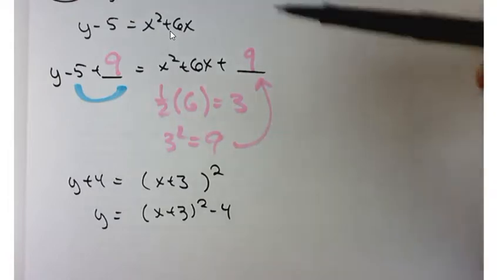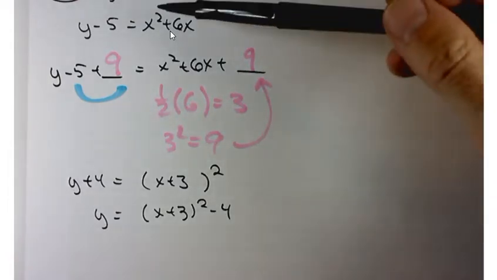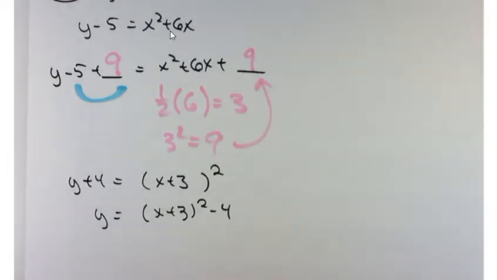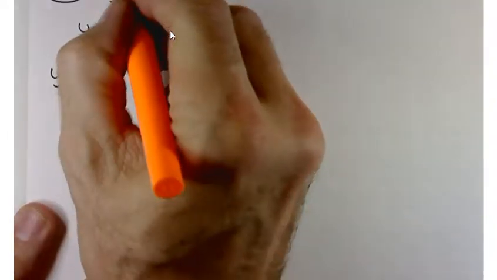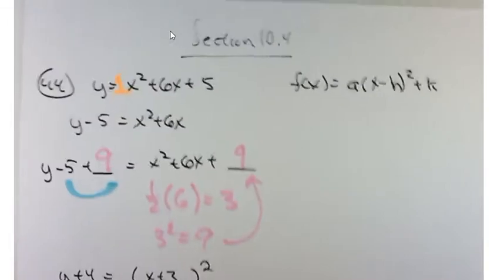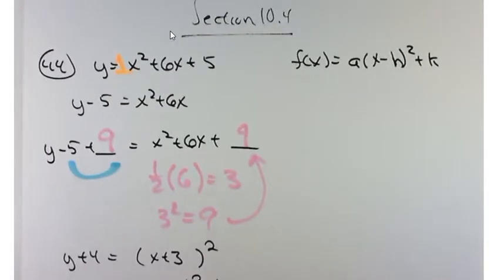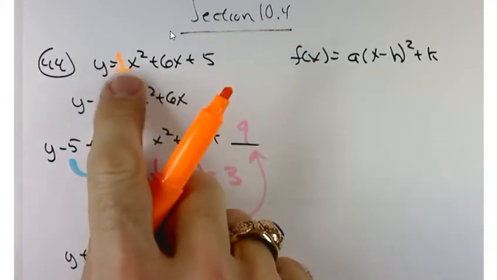Now, one of the requirements when you complete the square, and it's something we haven't had to deal with yet until now, is that this coefficient here in front of the squared term is a 1. We can't do our little trick of half this number and then square it unless the coefficient of your x squared term is a 1.